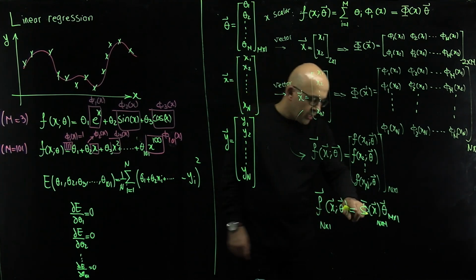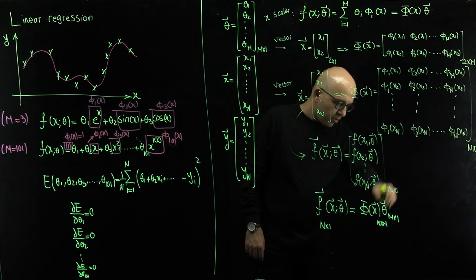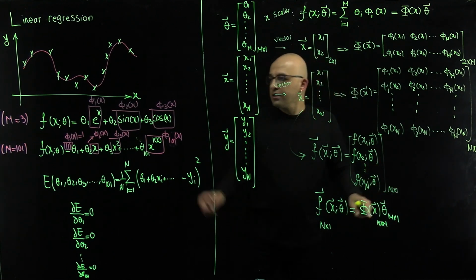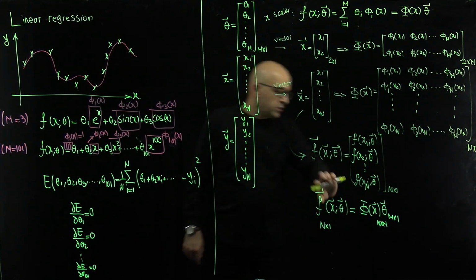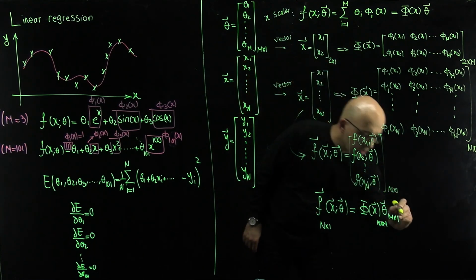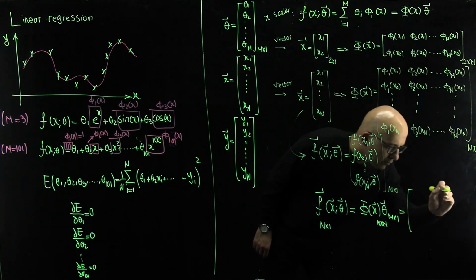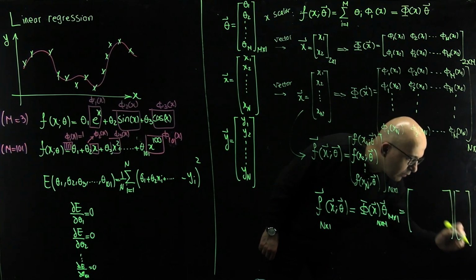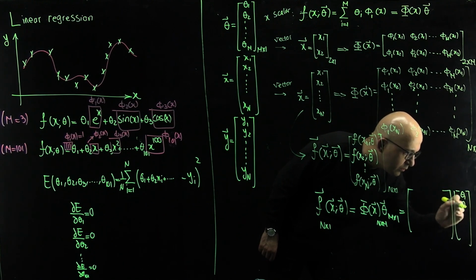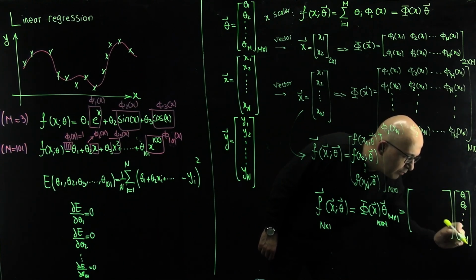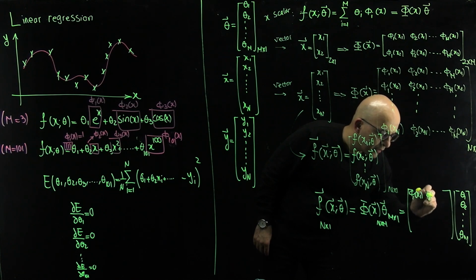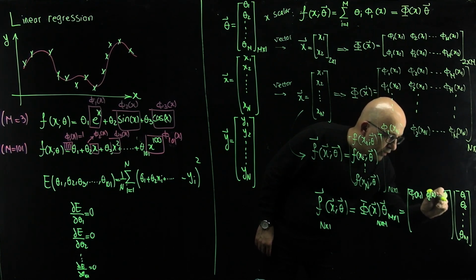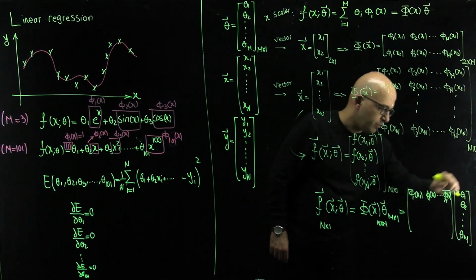If you look at this row, every row multiplied by that vector is basically the summation over all basis functions. If you look at this, this is theta 1, theta 2, theta m. If you just plug in this basis function here, phi1 x1, phi2 x1, phi m x1, just evaluate this.